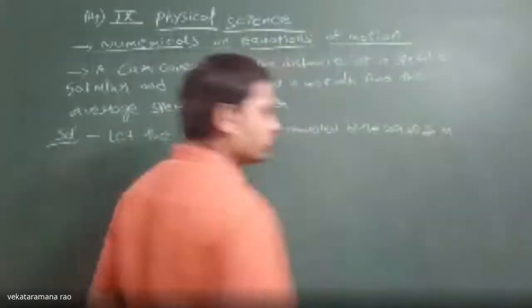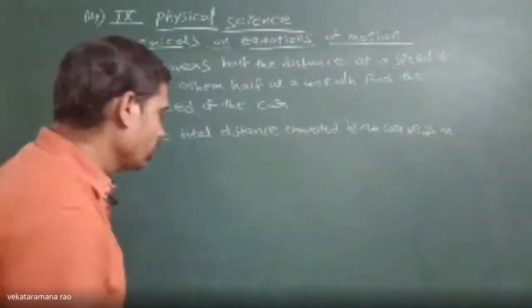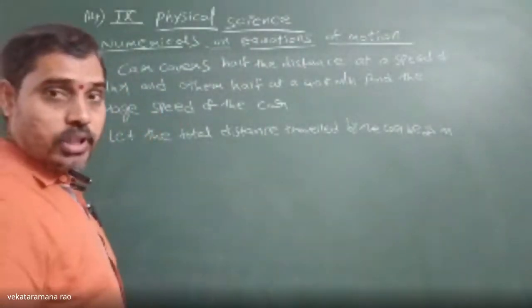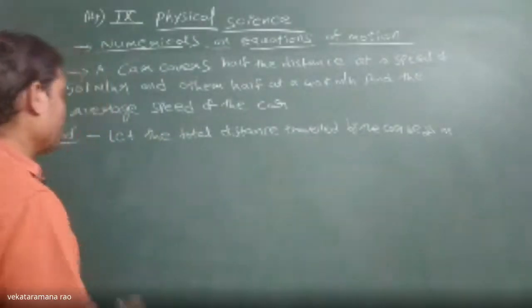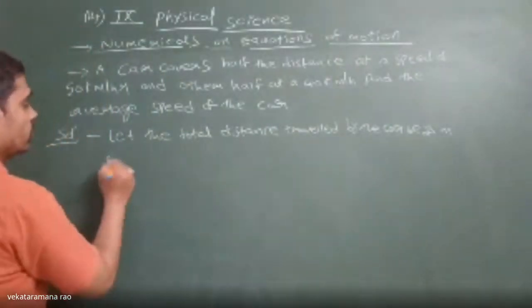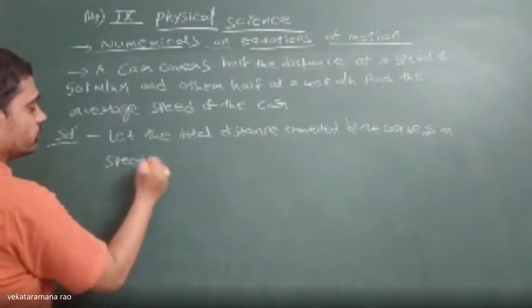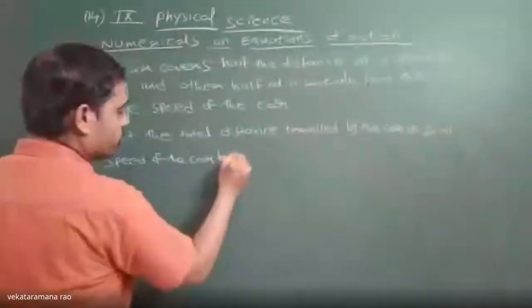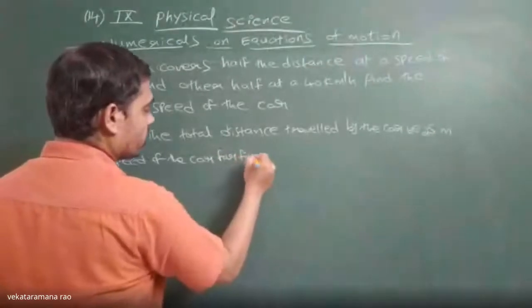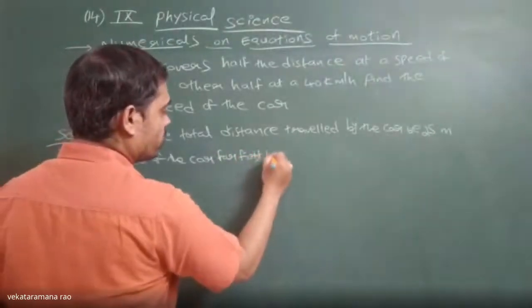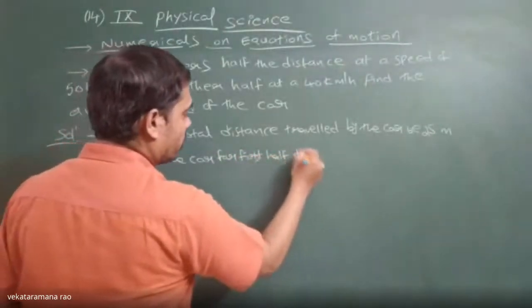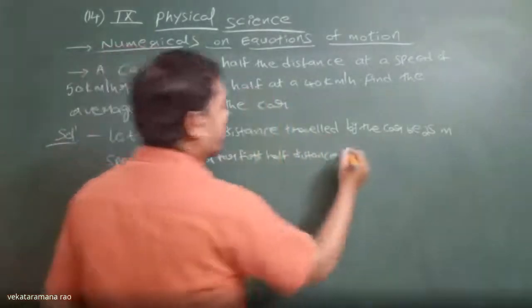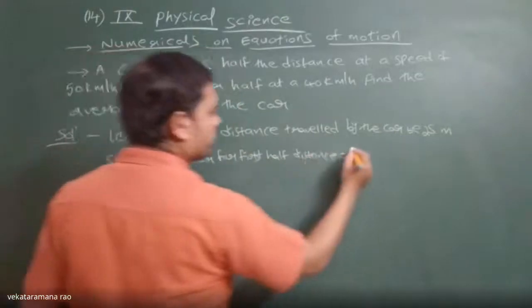Or you can take S by 2, no problem. The speed of the car for the first half distance is 50 kilometers per hour.